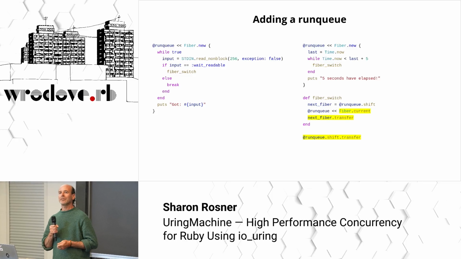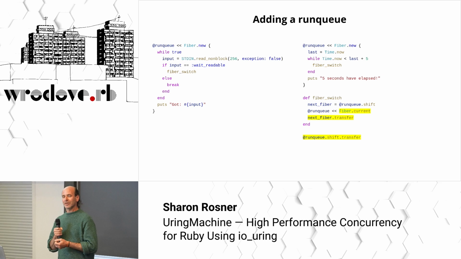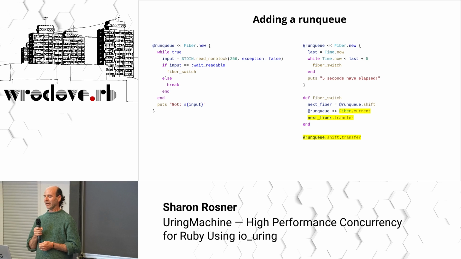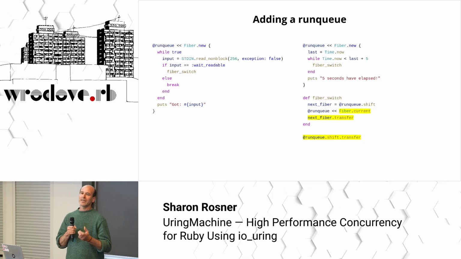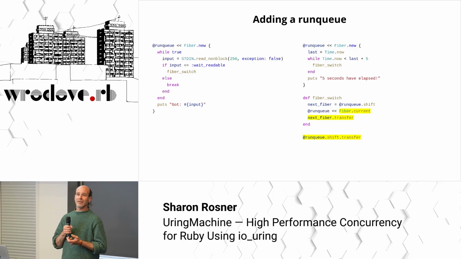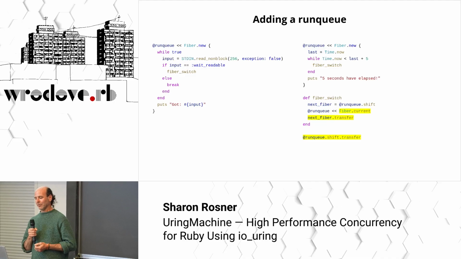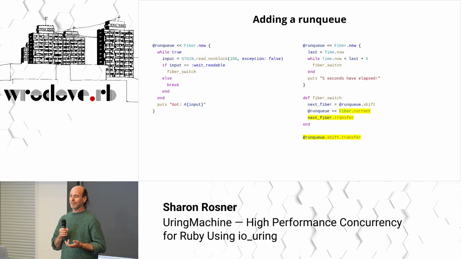And in that method, we are going to add the current fiber to the tail of the run queue and pull the fiber at the head of the run queue and switch to that fiber. So it has the effect of doing the same thing, but it is mediated through the run queue, and that allows us to create a solution that is more universal.